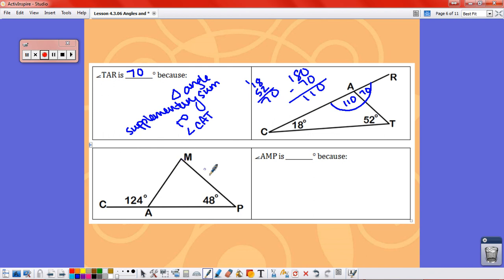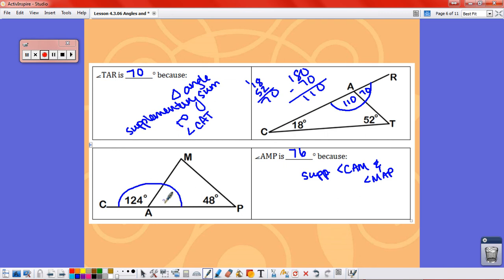Okay, angle AMP. Angle AMP is 76 degrees. Why? First one is a supplementary angle. Supplementary angles CAM and MAP. So these two angles here.